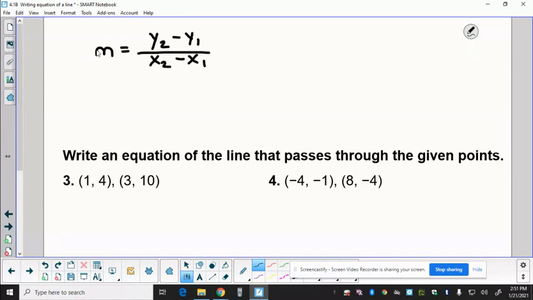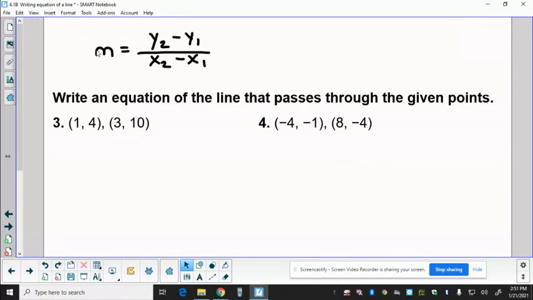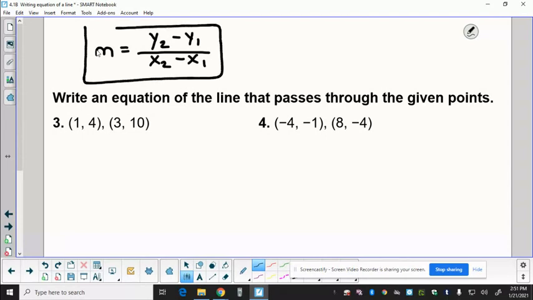All right, step 1, here's what I would do. I'd label these, okay? See what I'm doing? Basically what I'm doing is I'm saying, hey, one of the points I'm going to call it point 1 or x1 and y1.